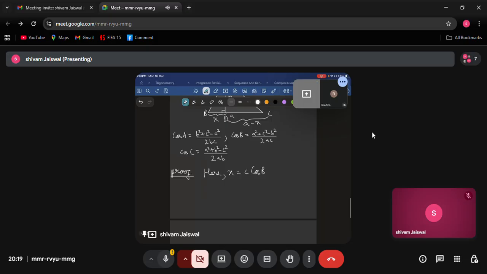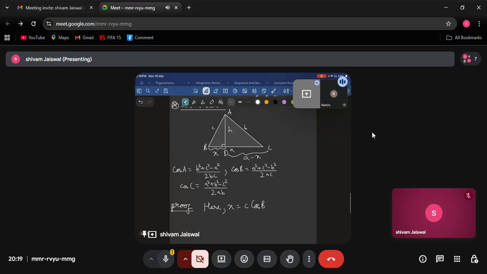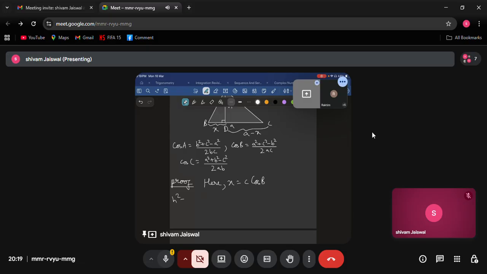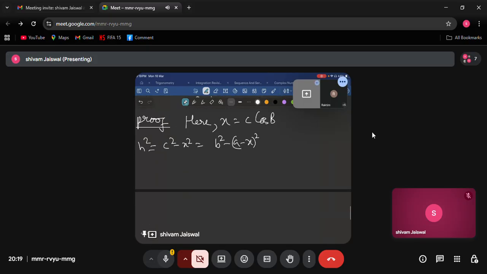Okay. Next, I can use Pythagoras theorem. h square is equal to c square minus x square, which is equal to b square minus (a minus x) whole square. This implies c square minus x square is equal to b square minus a square plus 2ax minus x square. Minus x square gets cancelled.